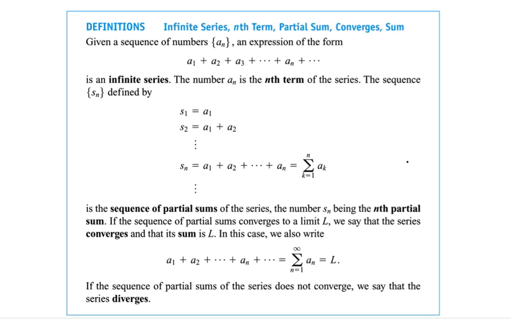If these partial sums converge to a number L, then the series converges, and the sum of that series for all positive numbers up through infinity is equal to L. If you do not actually achieve a certain number L, which does happen, then you would say the series diverges, and there would be no conclusive answer to what that would be.